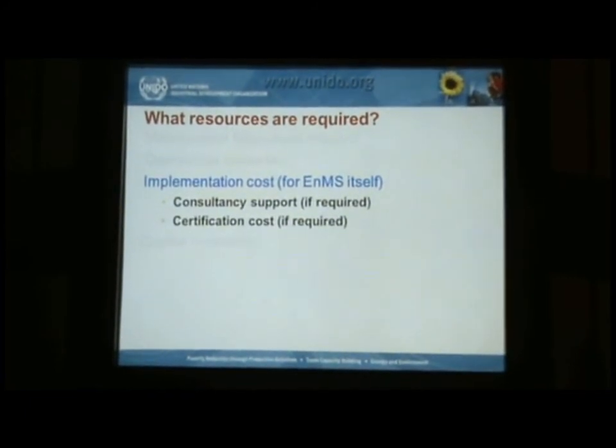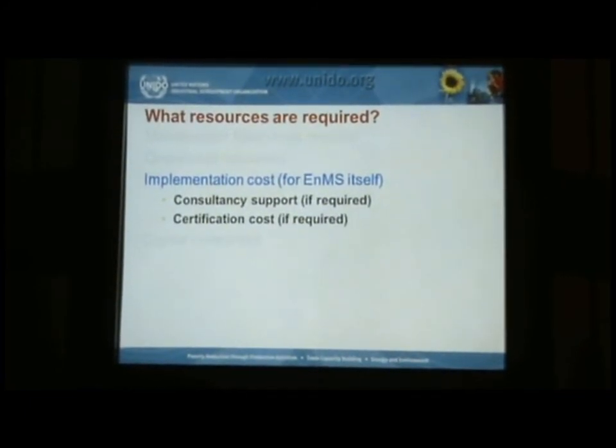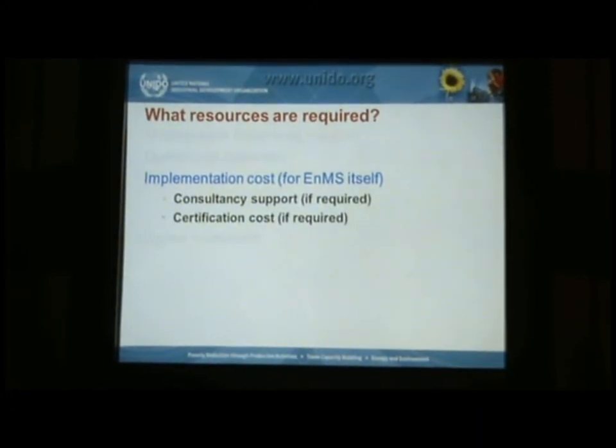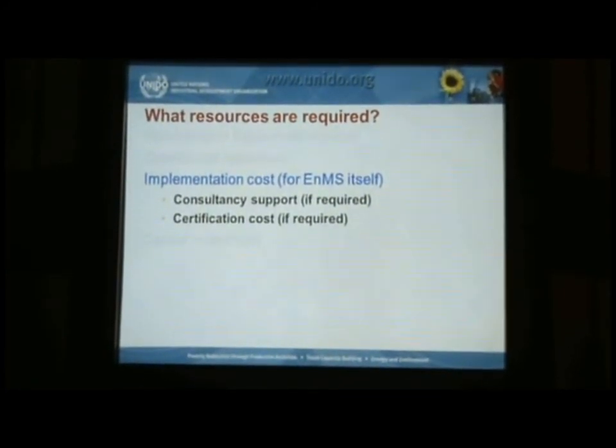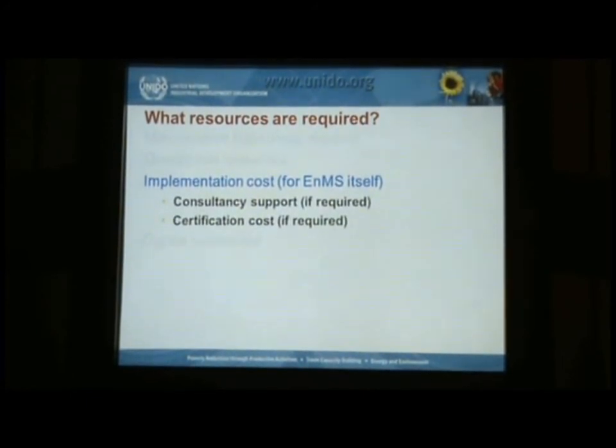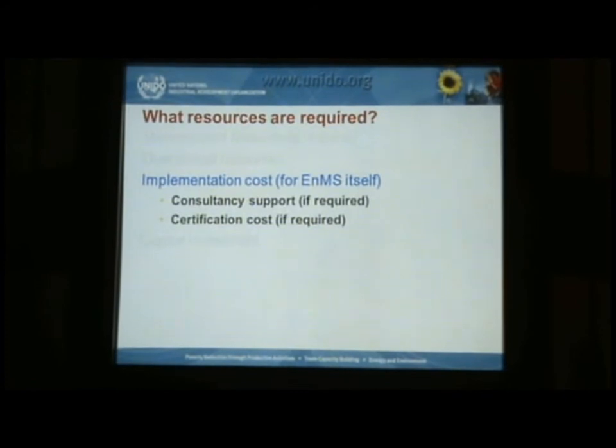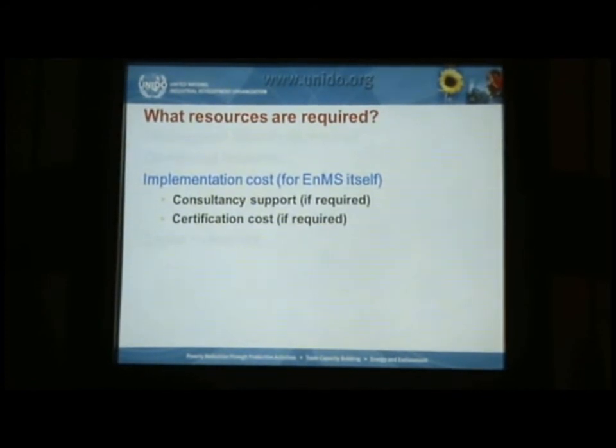Now, as far as the implementation cost is concerned for the energy management system, you need some consultancy support, but that can be overcome if you have sufficient training. And then, of course, the question of certification. Certification is optional. Certification is only if you want to show others that you have complied.